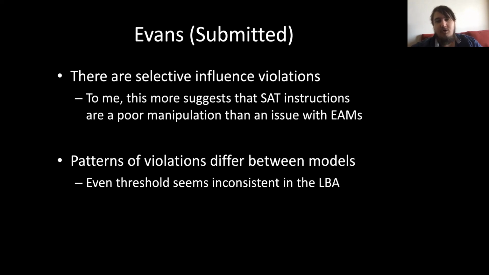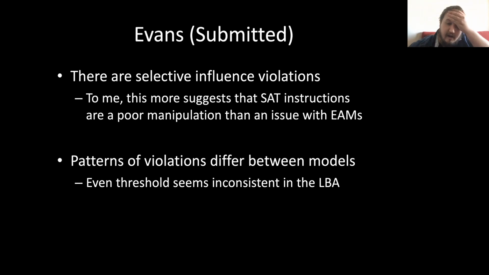If you instruct people to be more speedy, they could get nervous about doing the task and feel under pressure and therefore perform the task worse. So I don't think failings of this specific selective influence manipulation is a failing of the model. I think it's perhaps more a failing of the manipulation, and it not being a valid manipulation.